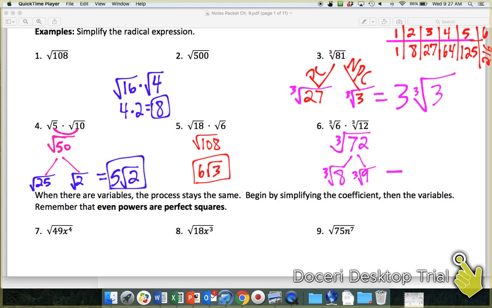Okay, cube root of 8 is 2, and we can't cube root 9 because there's no number times itself 3 times that gives you 9. So that would be your answer, 2 cube root 9.